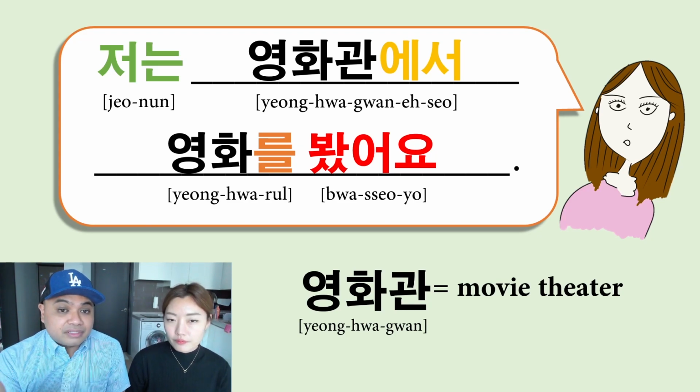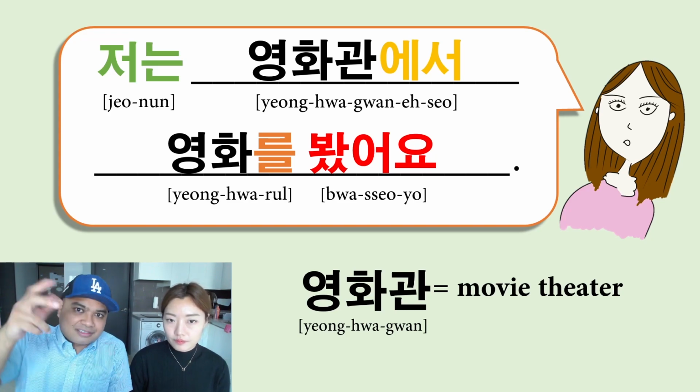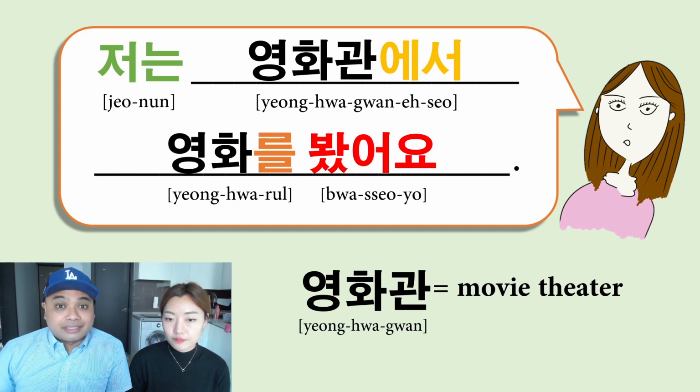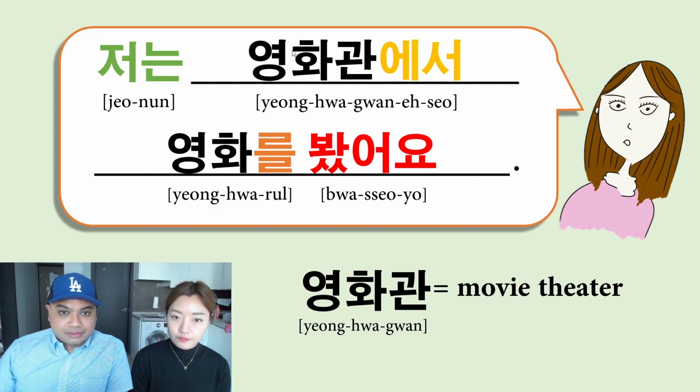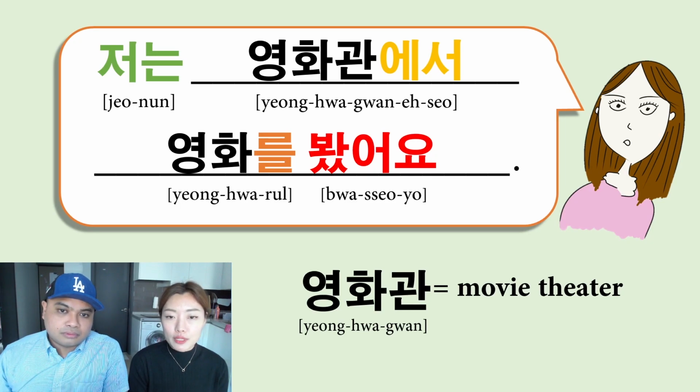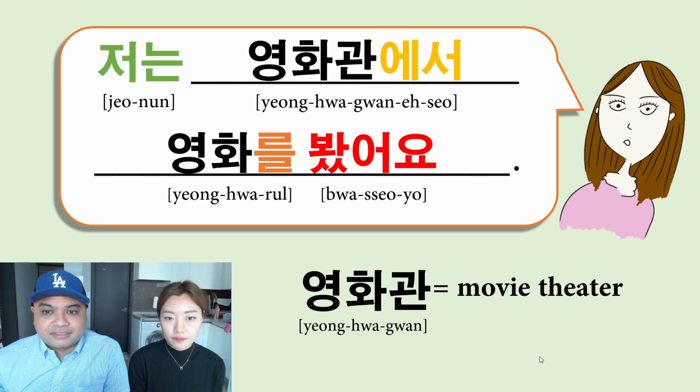So movie theater, at the movie theater, movie watch. It's kind of all flipped around for English speakers. But just remember, the verb is always at the end, okay? All right, so one more time. 저는 영화관에서 영화를 봤어요. I watched the movie at the movie theater. Okay.